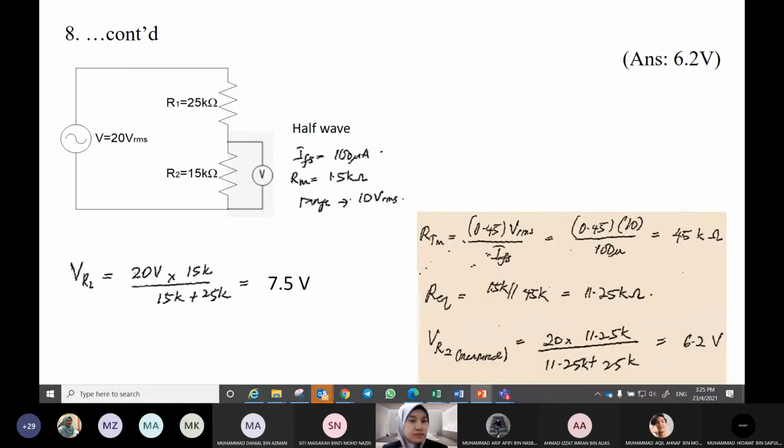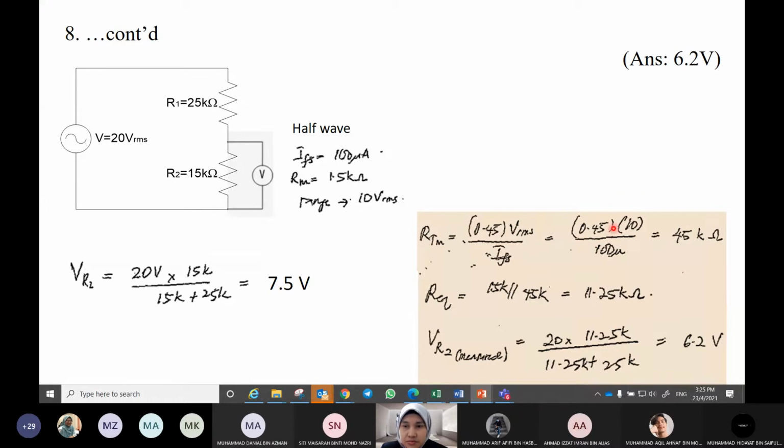Okay, and then we want to find the R total of the meter. R total of the meter is equal to V over I. V here is VDC. VDC is equal to 0.45 multiplied with VRMS, because of half-wave rectification.